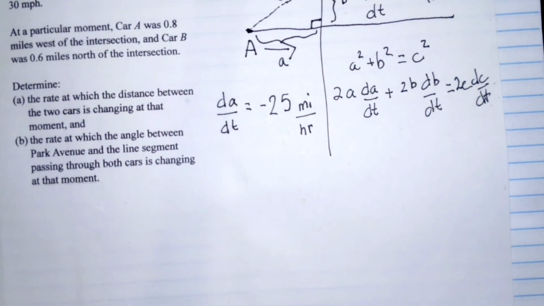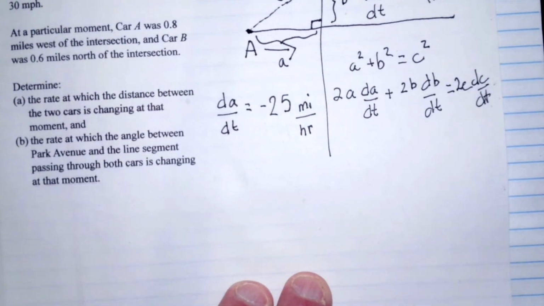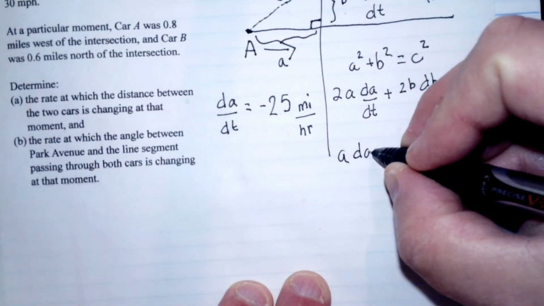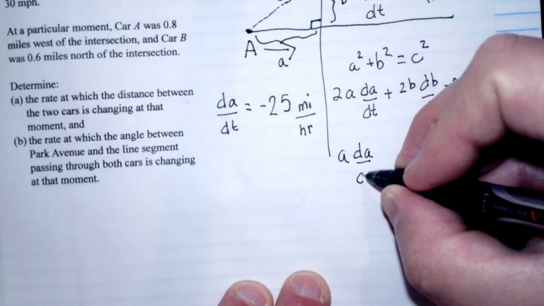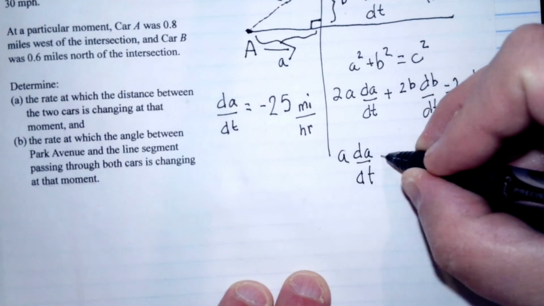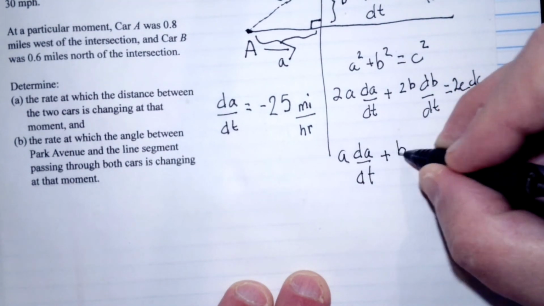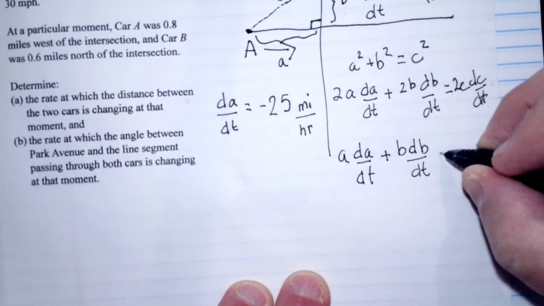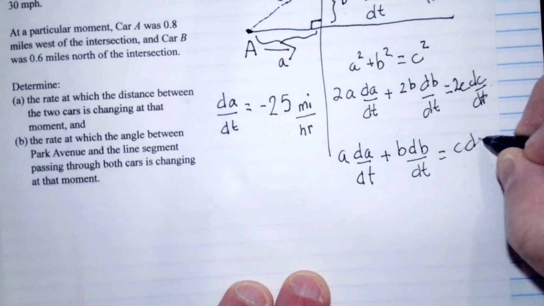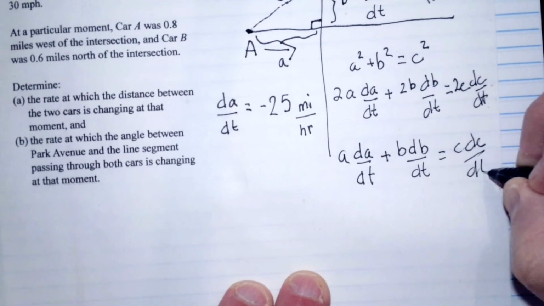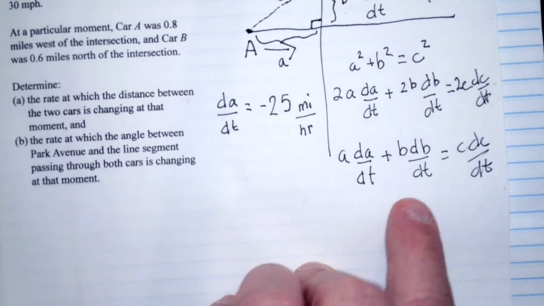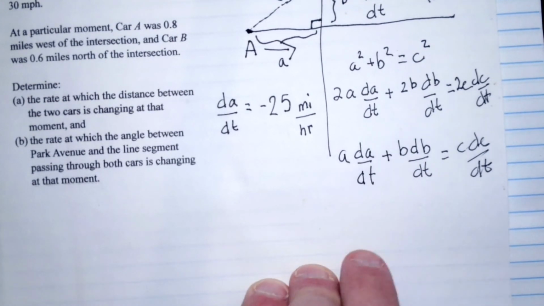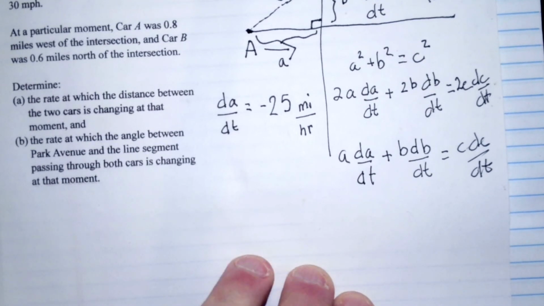I'm going to divide all three sides by 2 just to make this a little simpler. So what we're looking for is the rate at which c is changing, that's dC/dt. The other variables we should have values for.